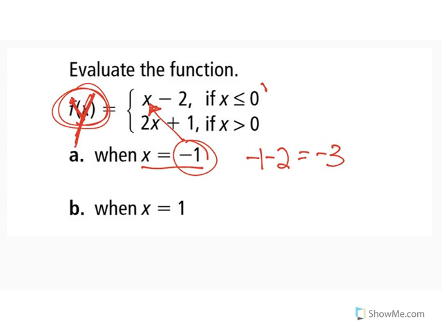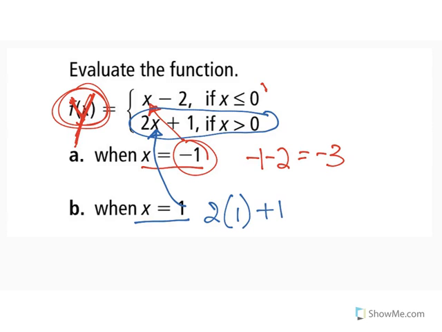Then we need to do when x is 1. Okay, well, we need to look at this. x is going to be greater than 0, so that means it fits into this one. So we're going to put a 1 into this x. So we're going to do 2 times 1 plus 1, which would equal 3.